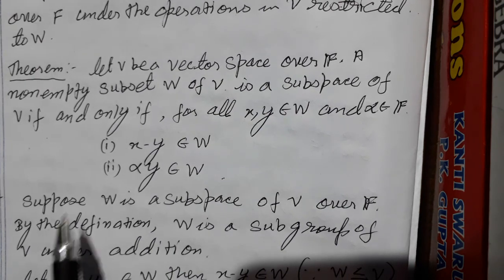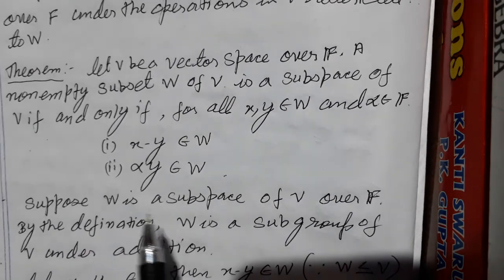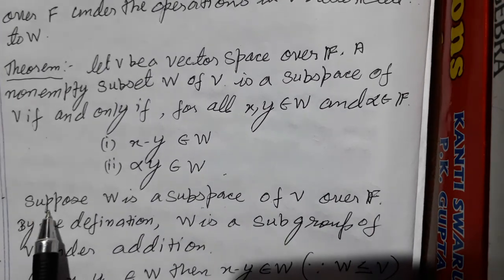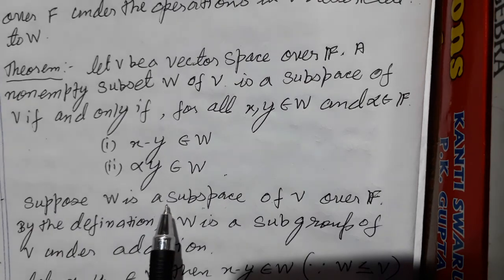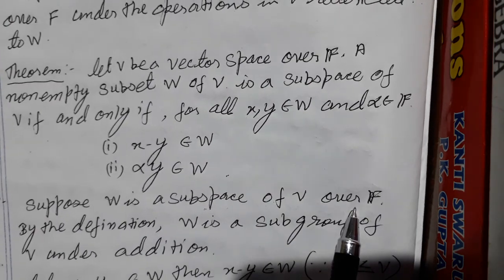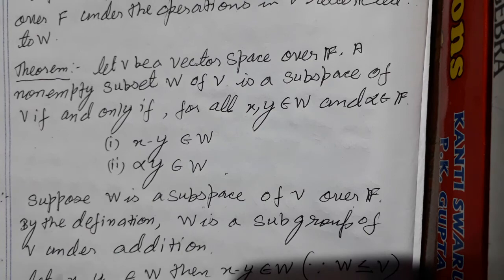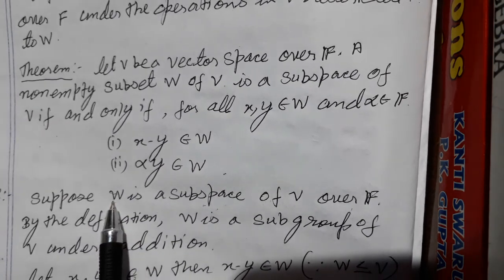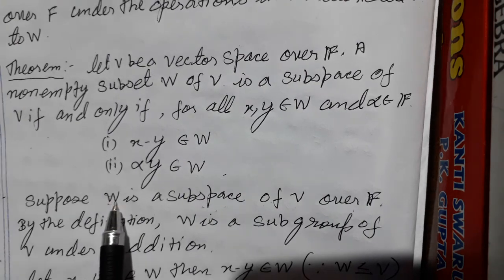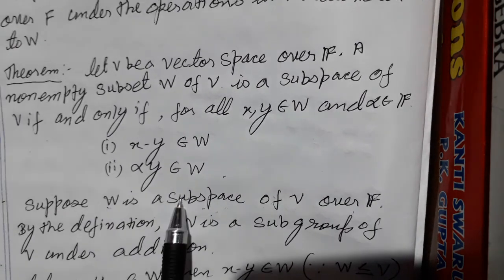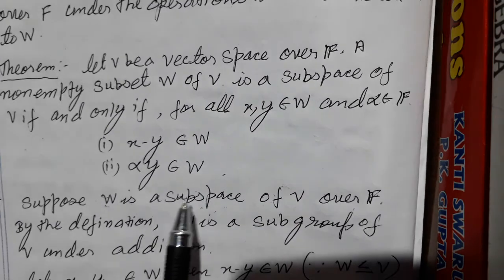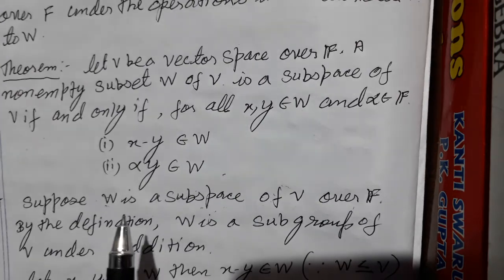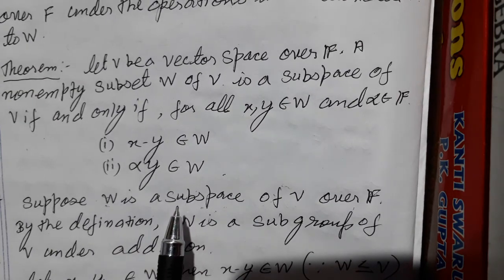First of all, let us assume that W is a subspace of V over F. By the definition, W is a vector space over the field F under the same operation of V. So W should be an abelian group under addition.